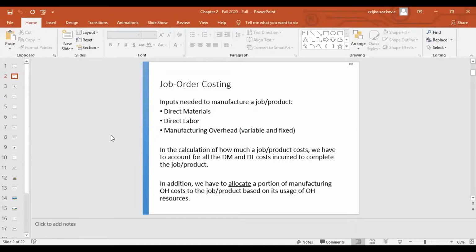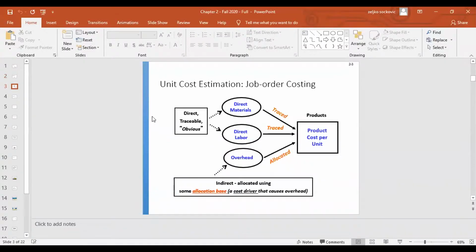So in this calculation, we account easily for direct materials and direct labor, but then we have to allocate a portion of manufacturing cost to each product. And that's why job costing versus process costing, which again we will not do, is important, because each job will be different, right?